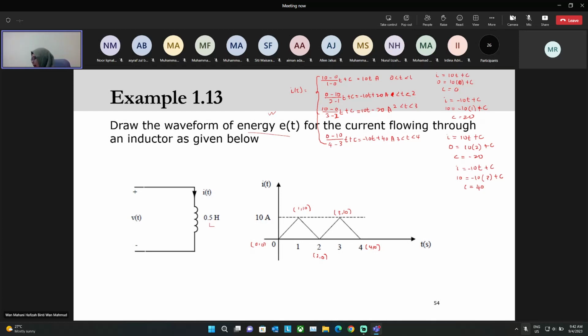So saya dah selesaikan bacaan untuk current. Ada 4 sebutan, which is 10T, negative 10T plus 20, 10T minus 20, and negative 10T plus 40.